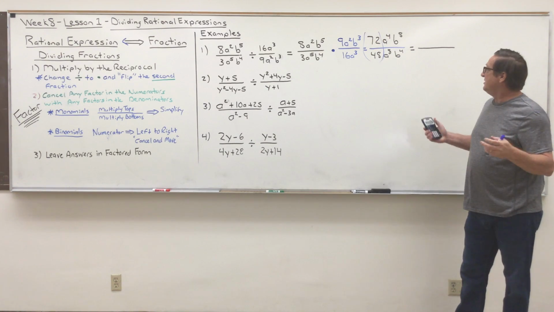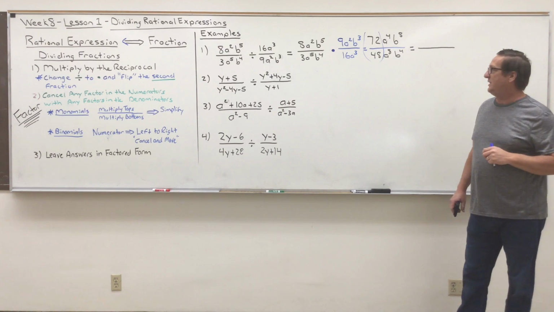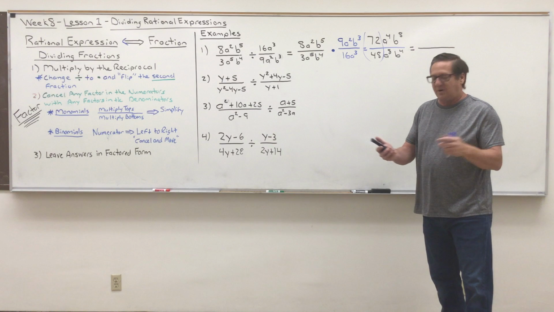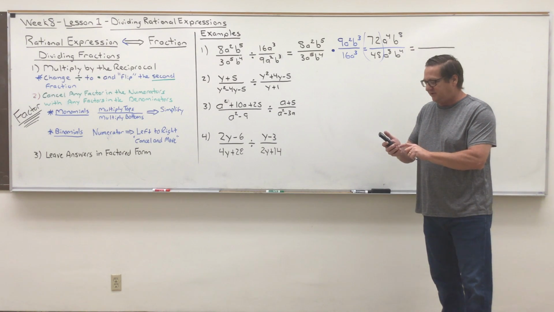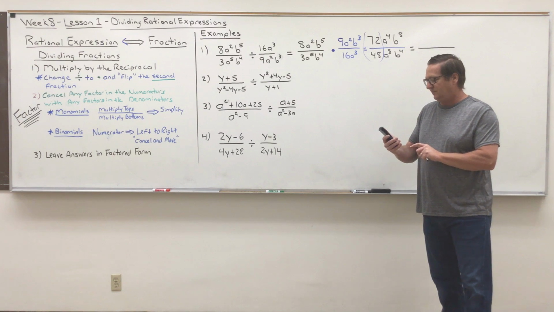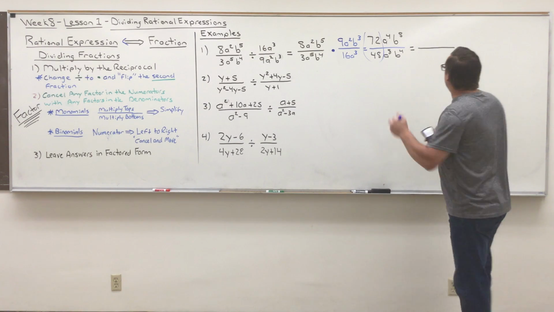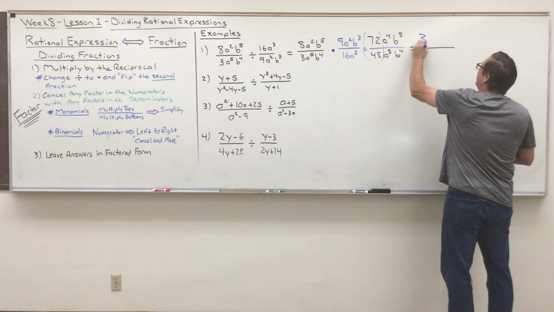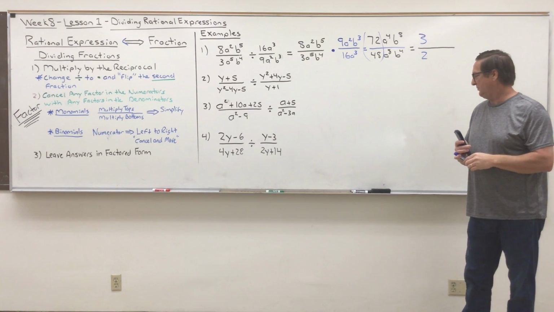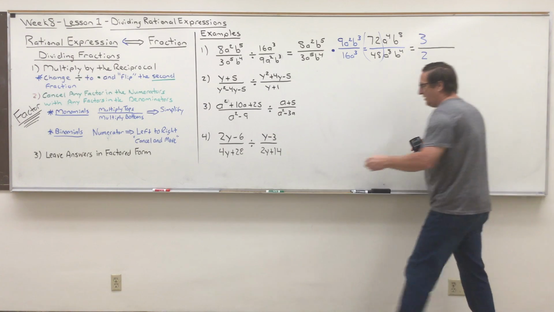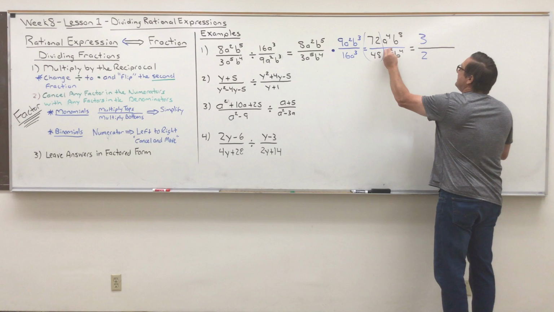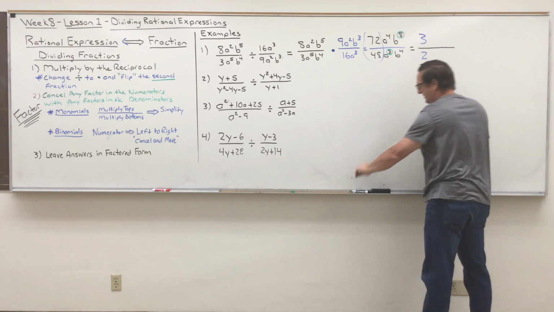So we really are going to reduce 72 over 48. Since we have our calculator, if you want to use it, I can go 72, fraction button, 48, and get a mixed number, but I get 3 over 2. Now, what's the next thing we do? We circle the highest exponent.